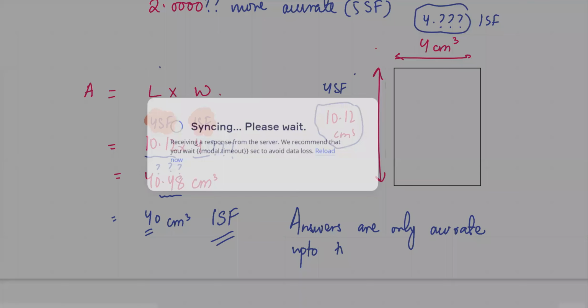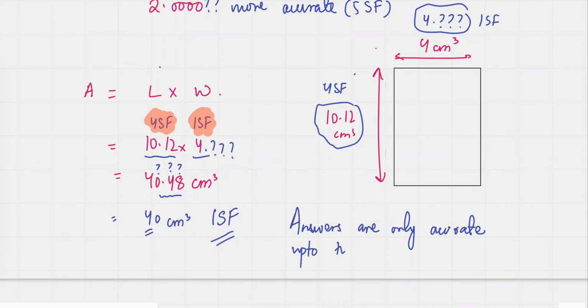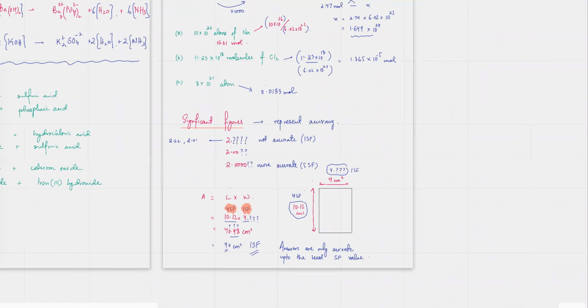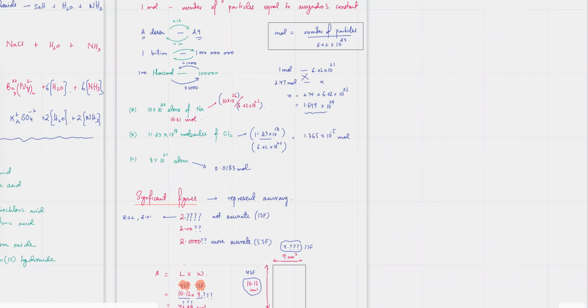I think there's an issue with the internet. So is this clear? This last thing. Yes, sir, it's clear.